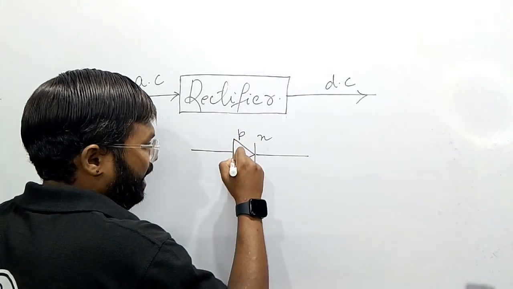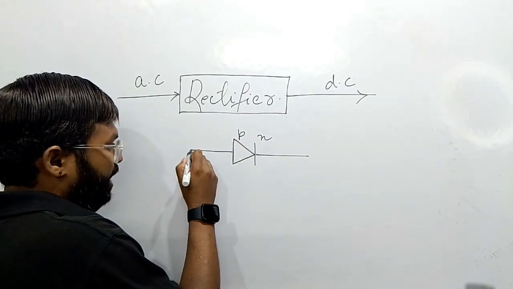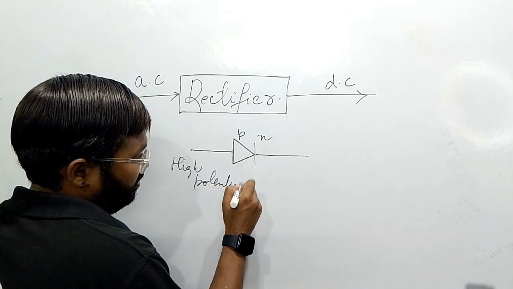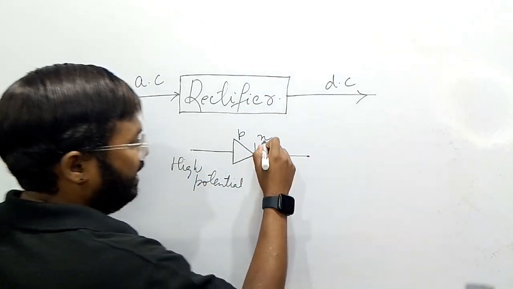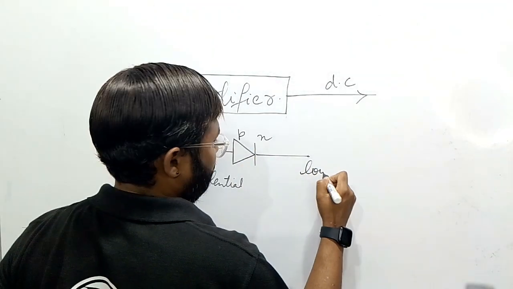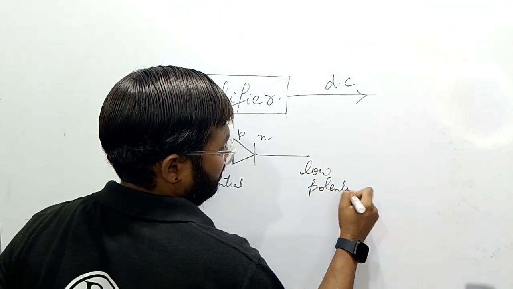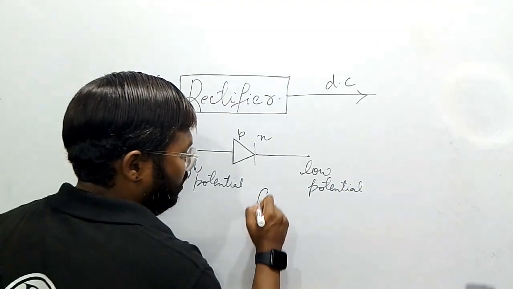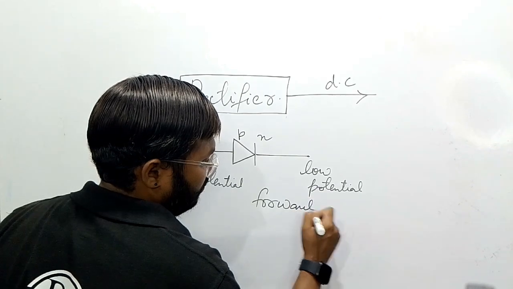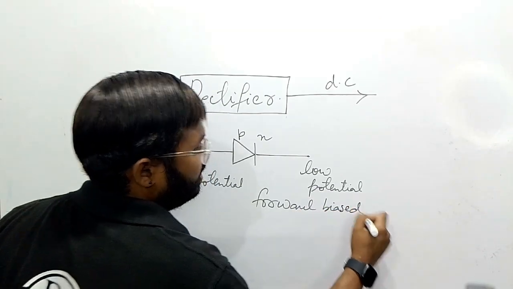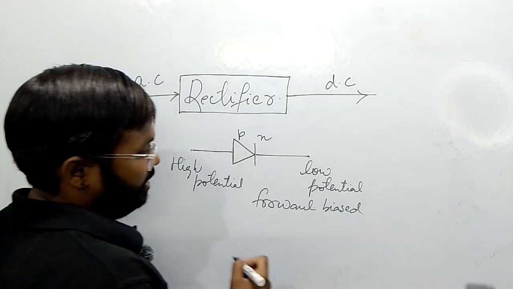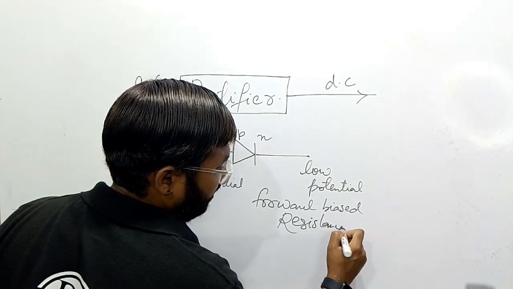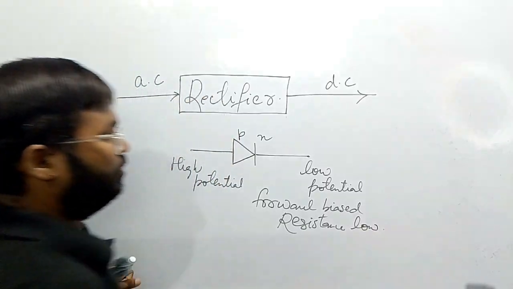When the P end is connected to high potential and the N terminal is connected to low potential, then it works as a forward bias. Forward biased, and you can also say the resistance is low or almost zero.